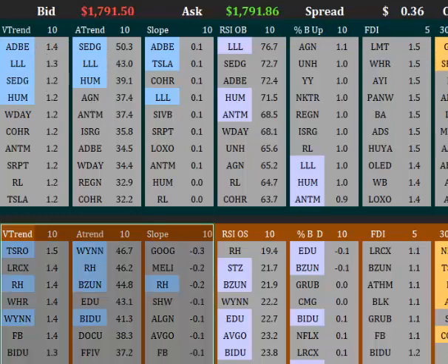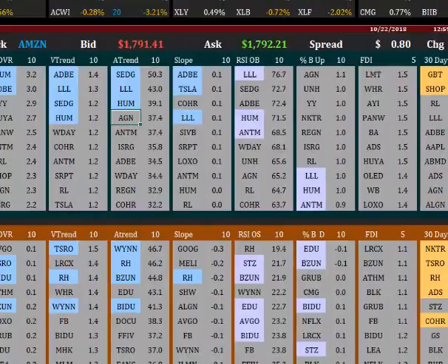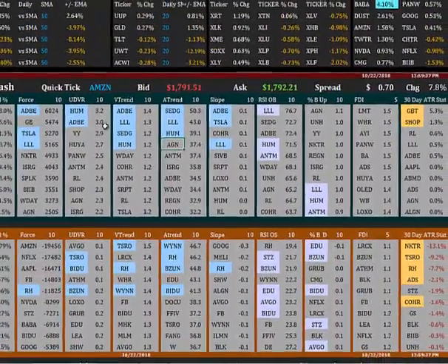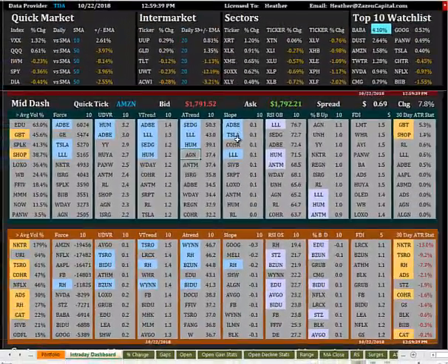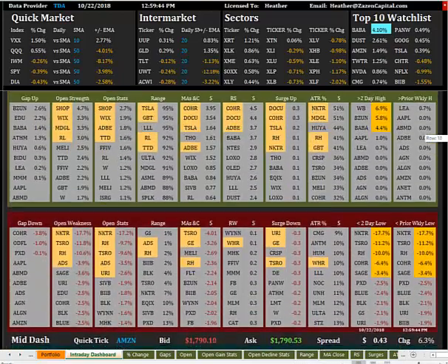But then there's a few that the ADX trend, using a DMI positive or DMI negative, might catch that the vortex trend doesn't. And also, if you'll notice, I have designed this dashboard so that when you get repeated tickers in multiple categories, they'll light up. Those are ones that I like to pay attention to. If it's firing on all cylinders, then the chances of follow through are greater.